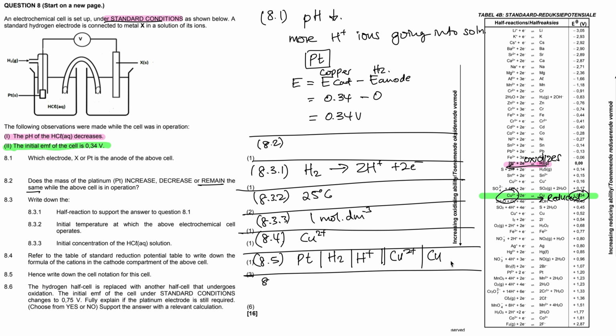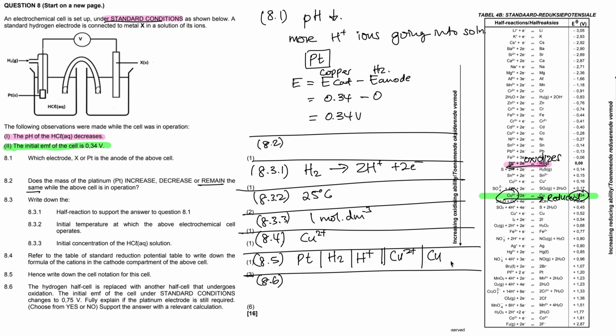Question 8.6. The hydrogen half cell is replaced with another half cell that undergoes oxidation. Okay, so just like the hydrogen. The initial EMF of the cell under standard conditions changes to 0.75. Fully explain if the platinum electrode is still required.